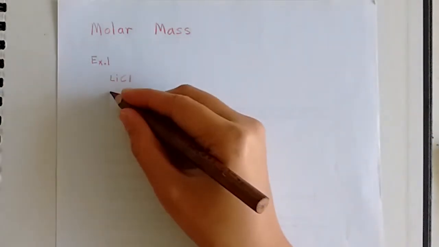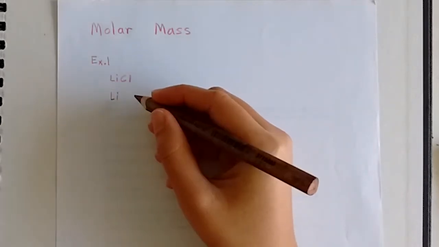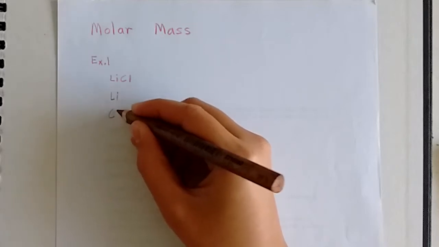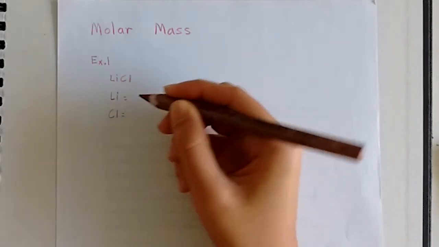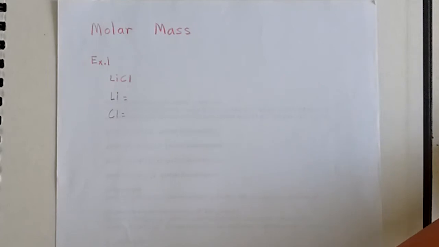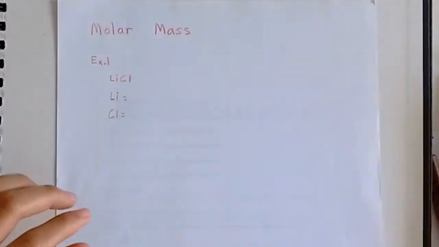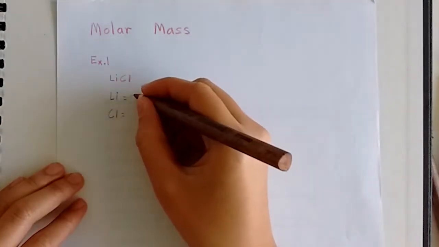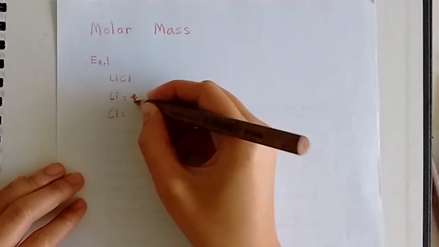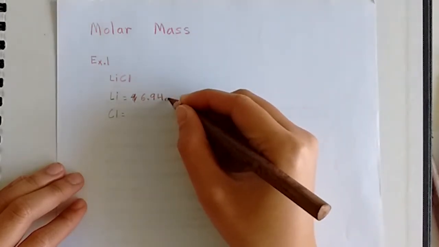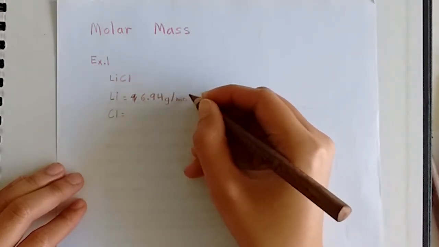So let's do this. Here, we need to find the mass for lithium and the mass for chlorine. In a periodic table, we see that for lithium, we have 6.94 as the mass number, and that's the grams per mole.